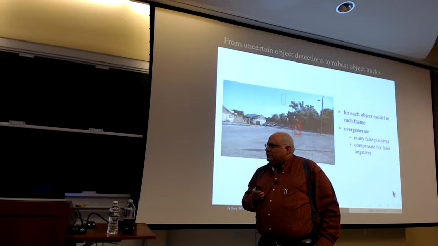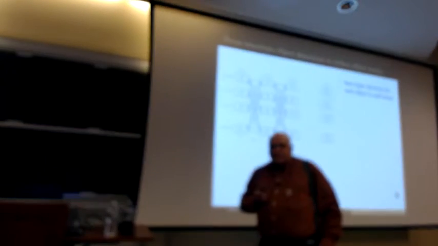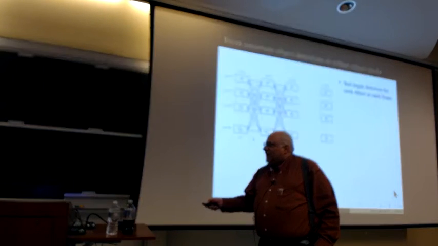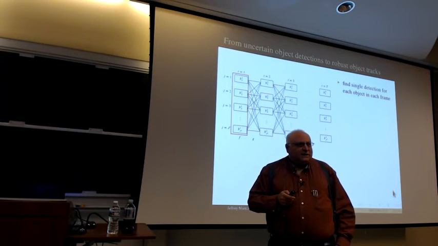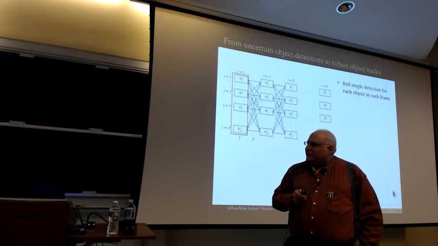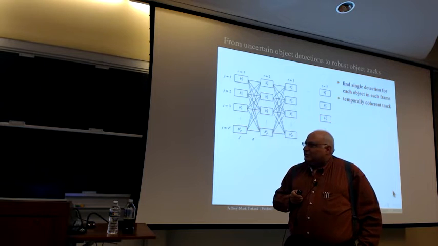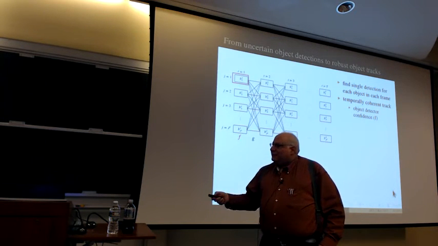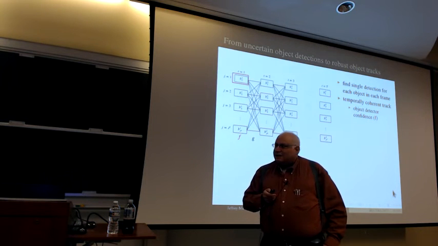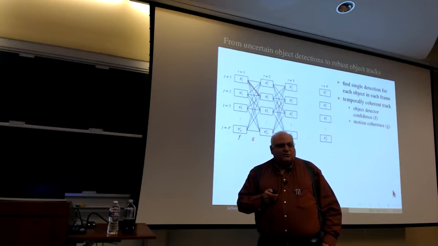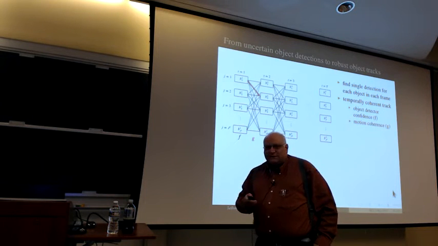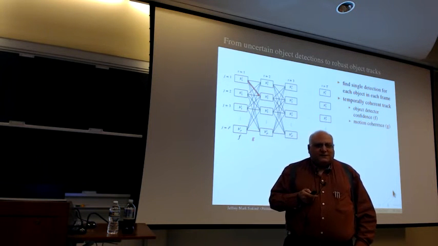And we can do that by formulating a lattice where each column in the lattice corresponds to a collection of detections in a given frame, and an attempt to form a temporally coherent track that composes information about the confidence of the detection produced by the detector, together with some measure of motion coherence, that is the degree to which the displacement of the detection in question corresponds to optical flow.